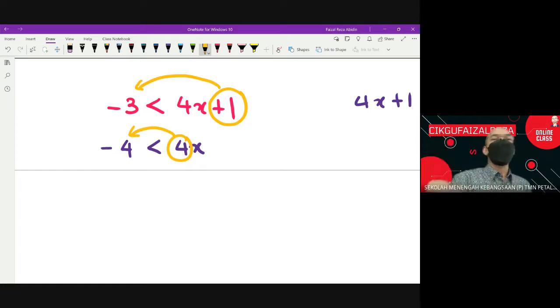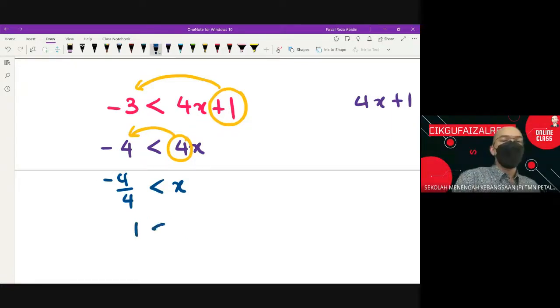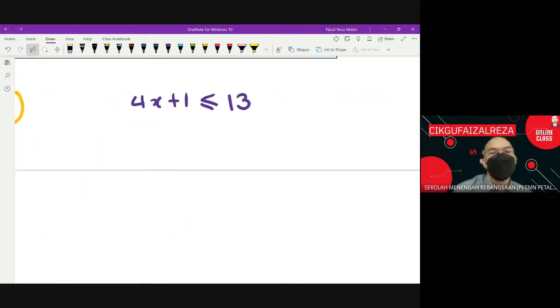So what I'm going to have over here is -4 divided by 4 less than x. So you are going to get x is more than -1. Less than x, isn't it the same? x is more than -1 or -1 is less than x. Same. Okay. The second one over here, I'm going to bring 1 to the right first.